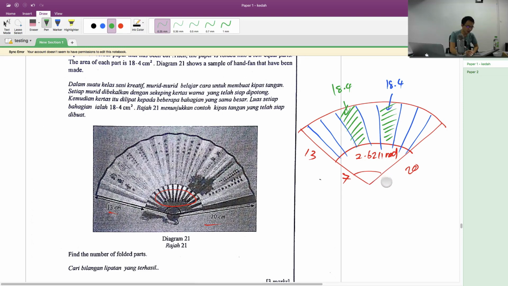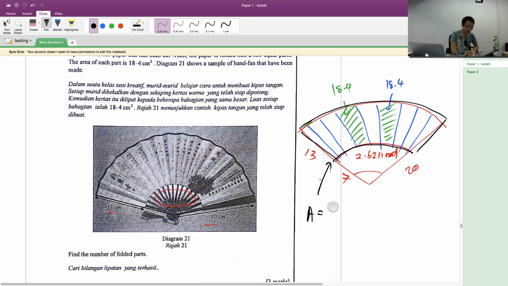So for this question, first I want to find this piece of color paper, which means I want to find the area of this part. In order to find the area of that part, I will use the bigger sector minus the smaller sector.